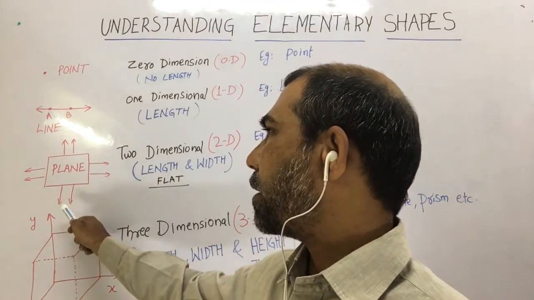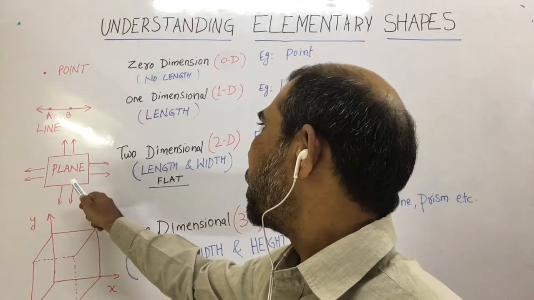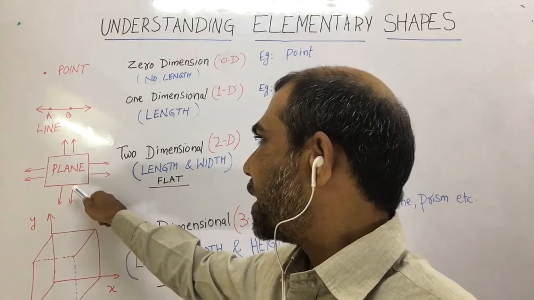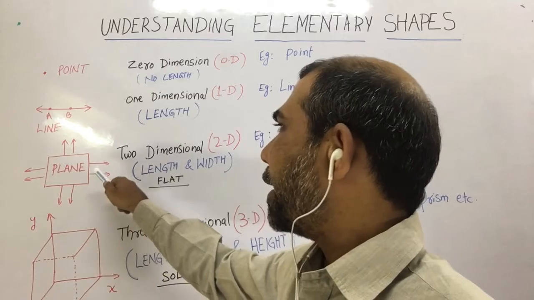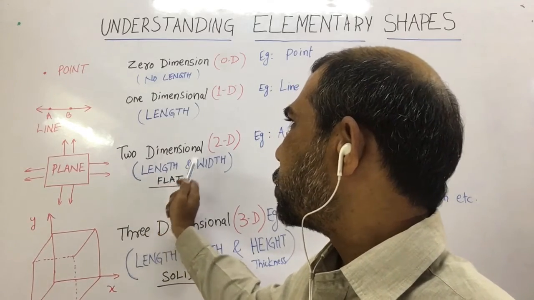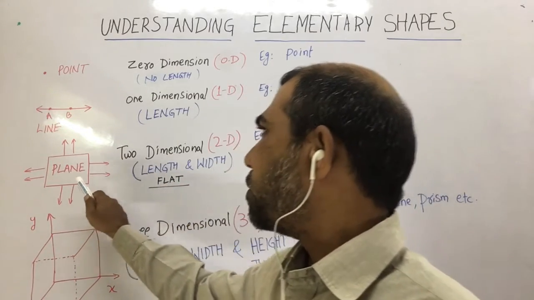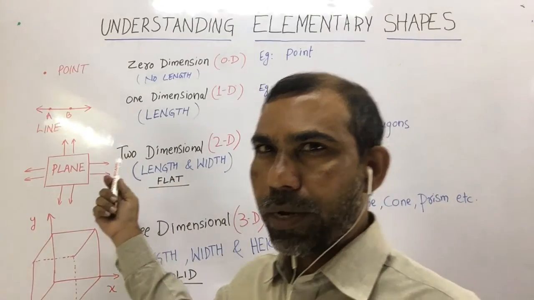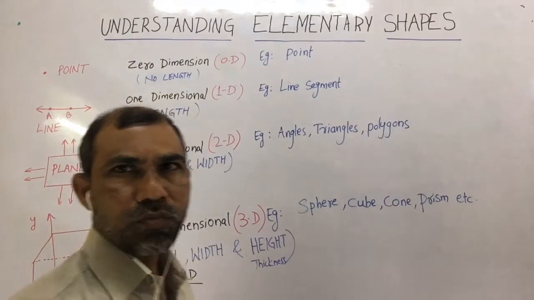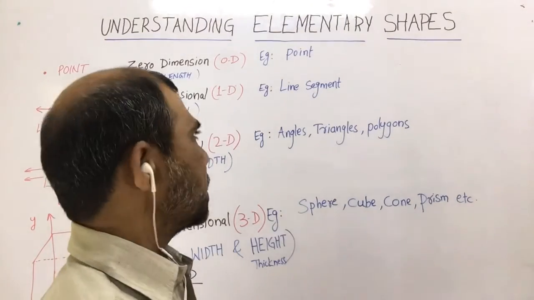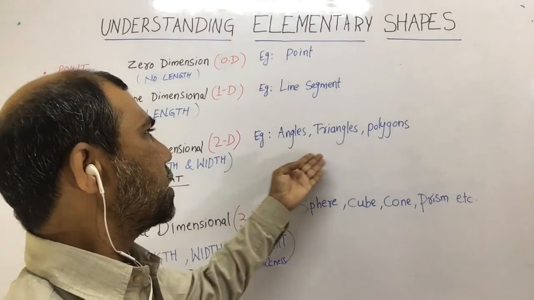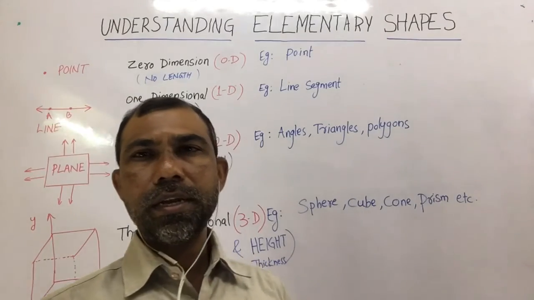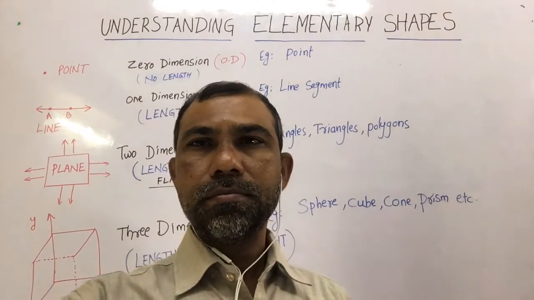It will have only two dimensions, one is length and another is width. So plane figures are two-dimensional figures. You can see examples of two-dimensional figures such as angles, triangles, or any other polygons.